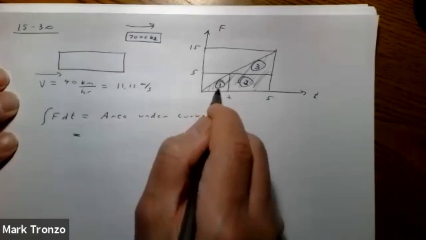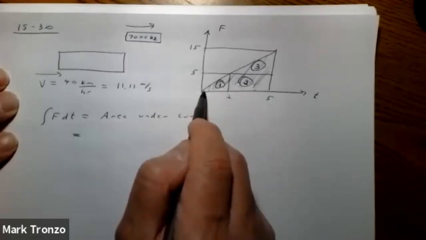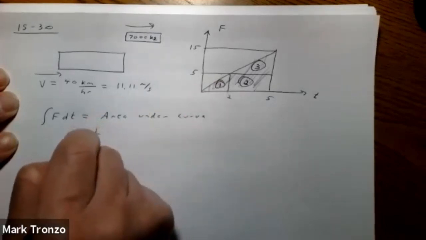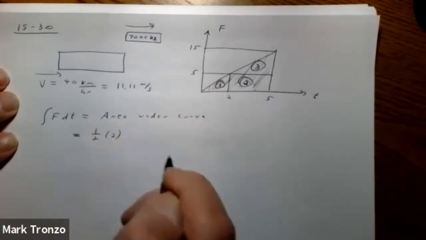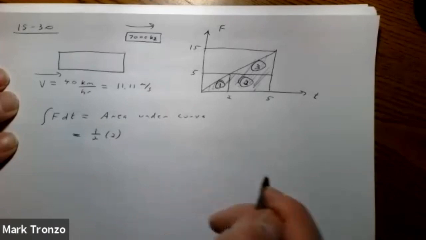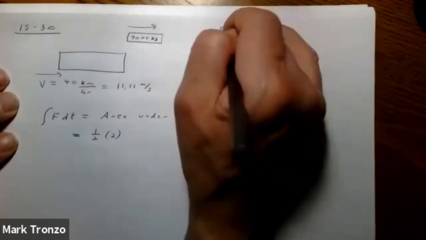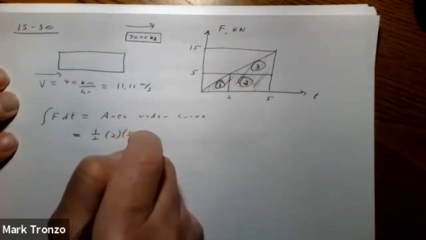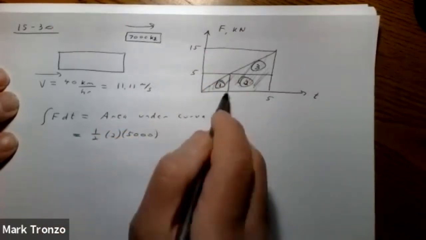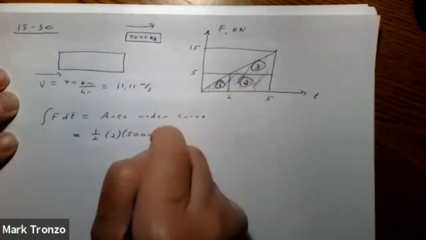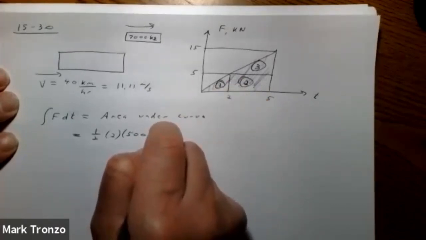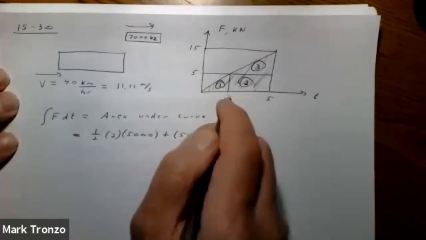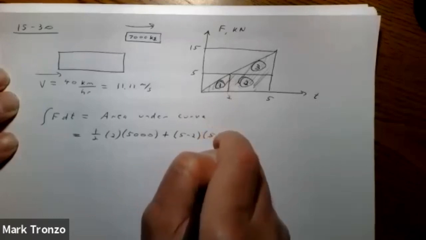So if you look under this triangle here, that's going to be 1/2 times the base times the height. So it's going to be 1/2 times 2. And then the height, now that's given in kilonewtons. So I'm going to write it in newtons. So it's going to be 5,000 newtons. Then for this rectangle here, of course, a rectangle is just the base times the height. 5 minus 2 times the height, which is 5,000.